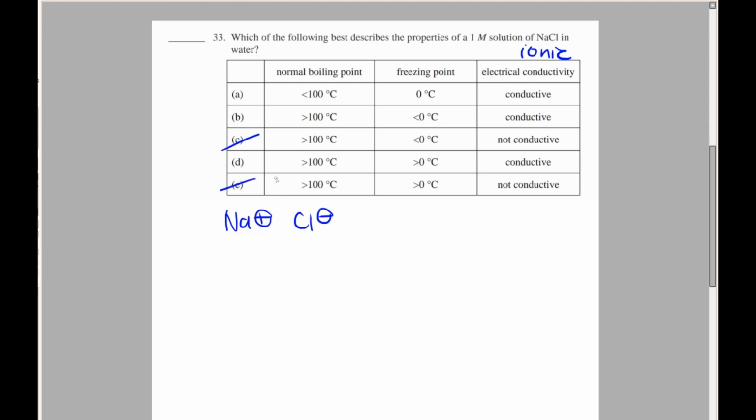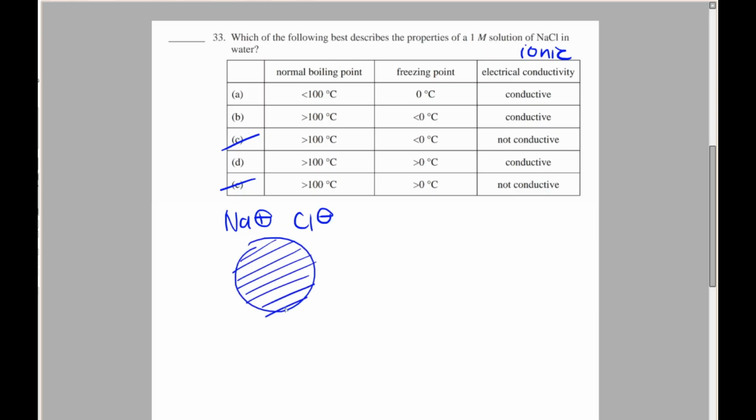Second, we can look at the normal boiling point. To do this, we should probably draw a diagram. When NaCl dissolves in water, it dissociates into these free moving Na+ and Cl- ions.